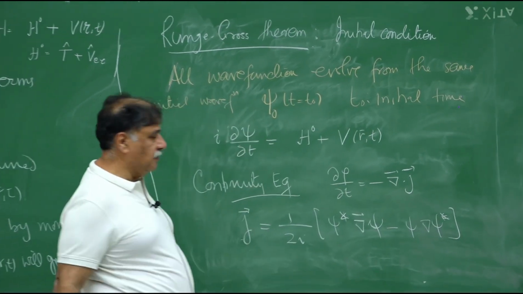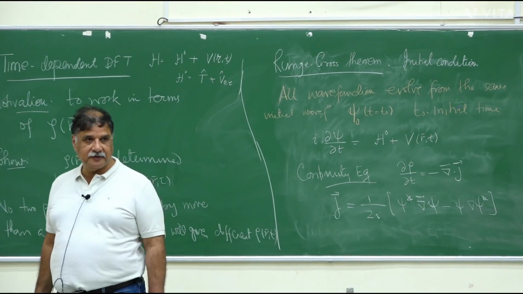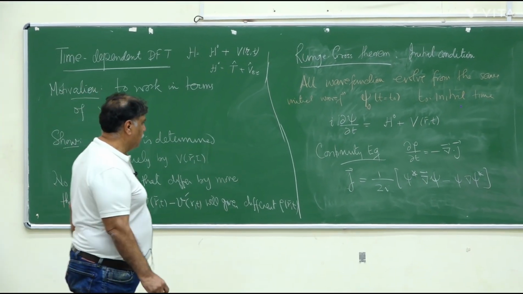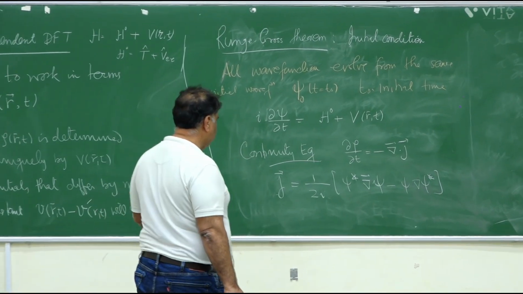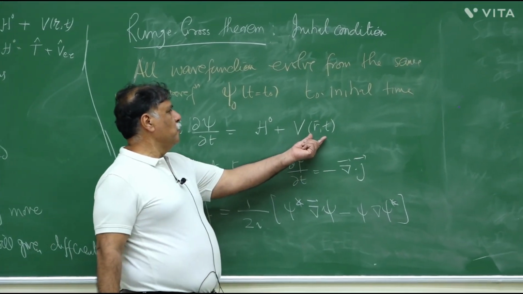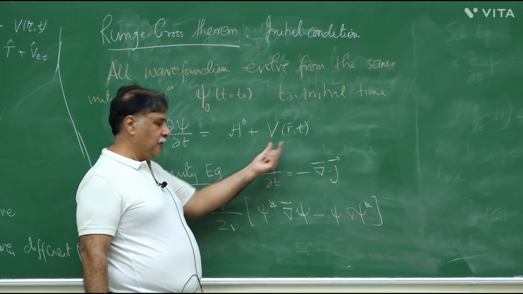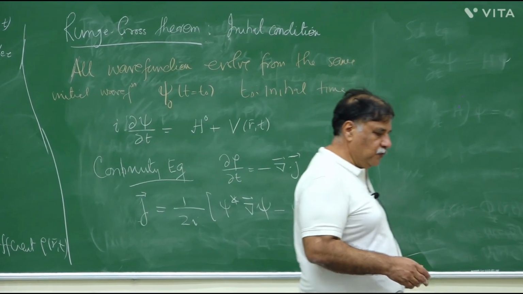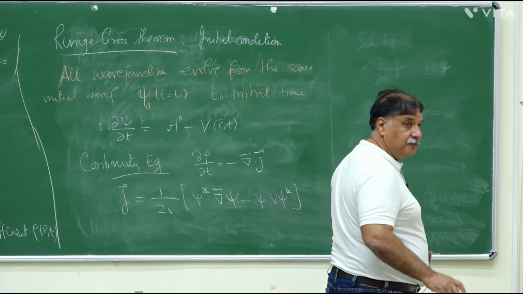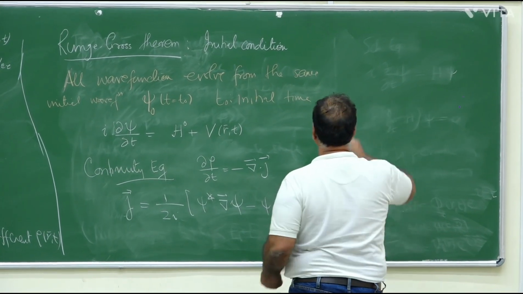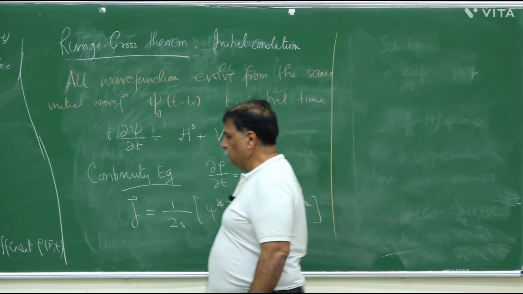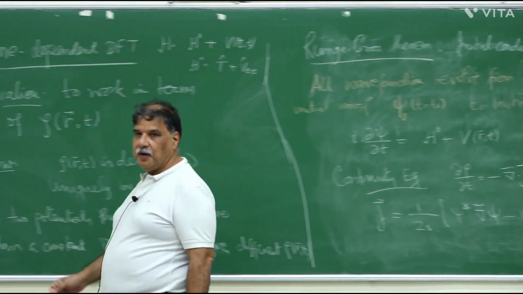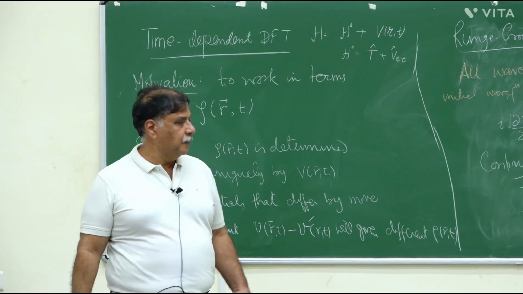This is the usual definition of current that we use in quantum mechanics, right? Now I want to show that if two potentials differ, then j is going to be different. And if j is different, then we'll prove that means rho also is different. Is the motivation clear? This is the route we have to take.